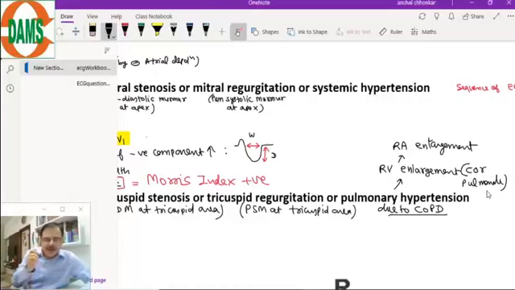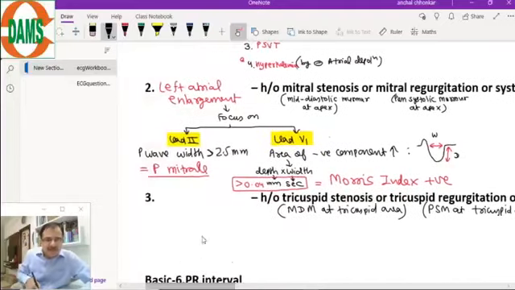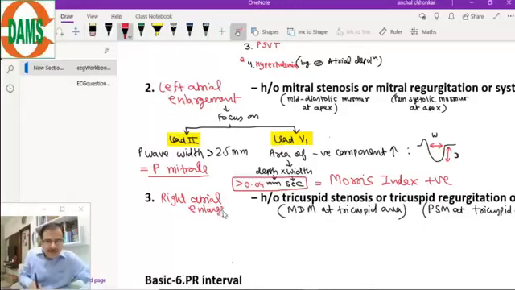Now, all these histories, tricuspid stenosis, tricuspid regurgitation, and pulmonary hypertension due to any cause, will lead to right atrial enlargement. So our answer or differential diagnosis in our mind will be right atrial enlargement.